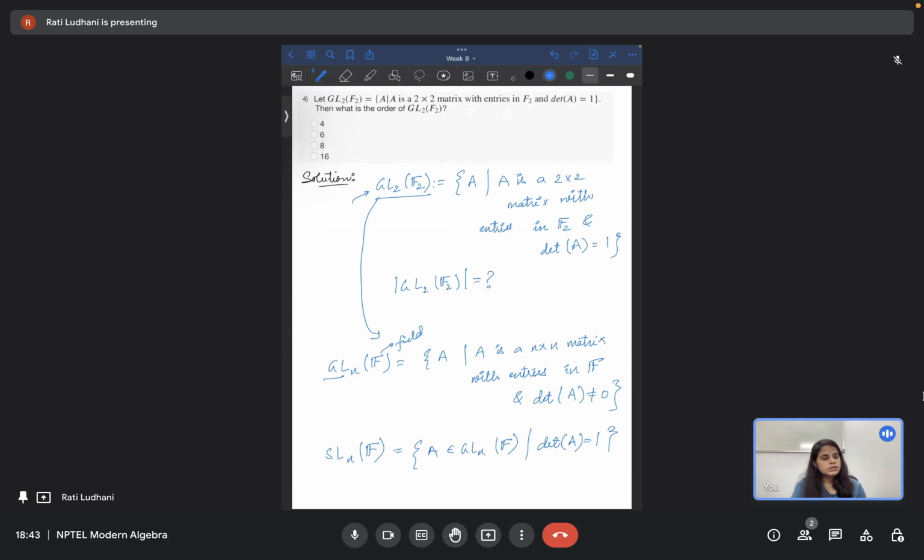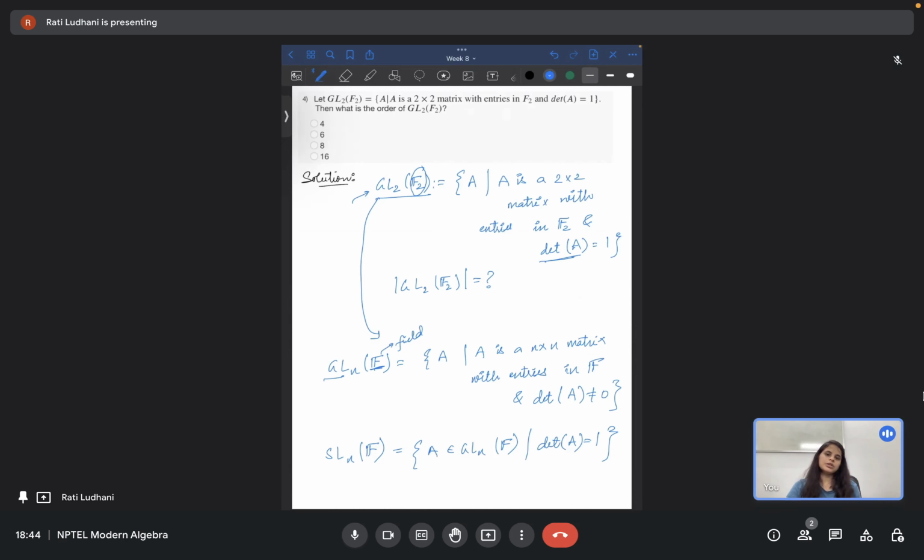But here the field is given to be F2. Determinant is the multiplication and addition of elements in F, which is again an element of F, because a field is closed under addition, multiplication, and subtraction, so additive inverses also.